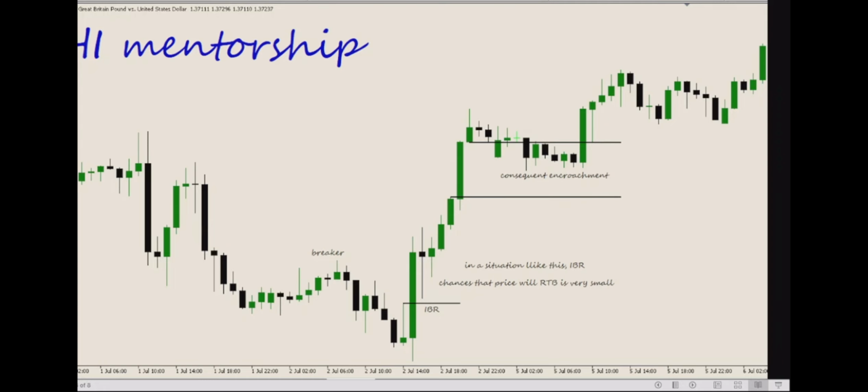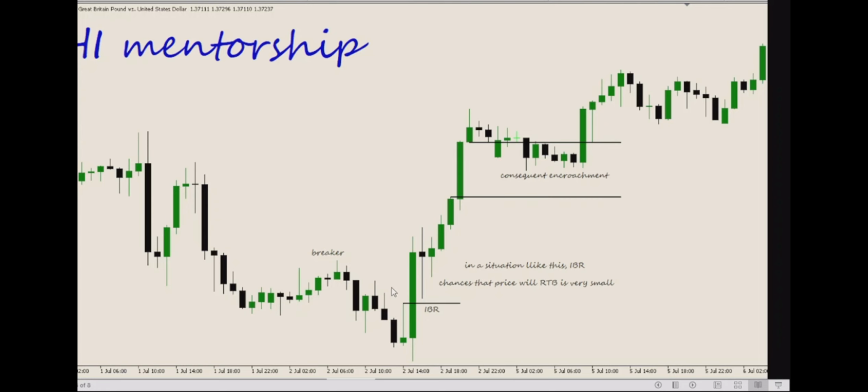Okay, so we have this break in market structure, right? We have a breaker here, and then look at the candle after. What happens? It trades all the way down, almost totally rebalanced this particular massive candle that created a fair value gap, which is a buy side imbalance, sell side inefficiency.